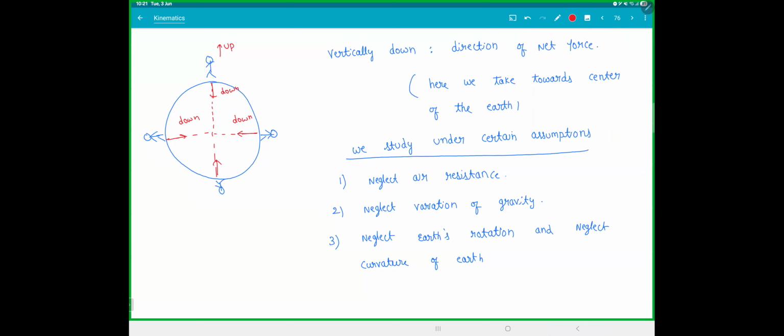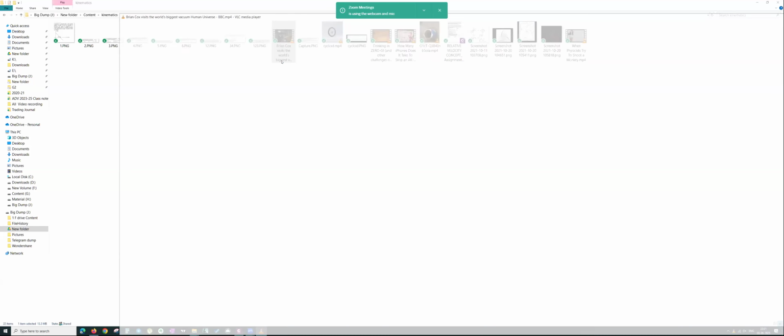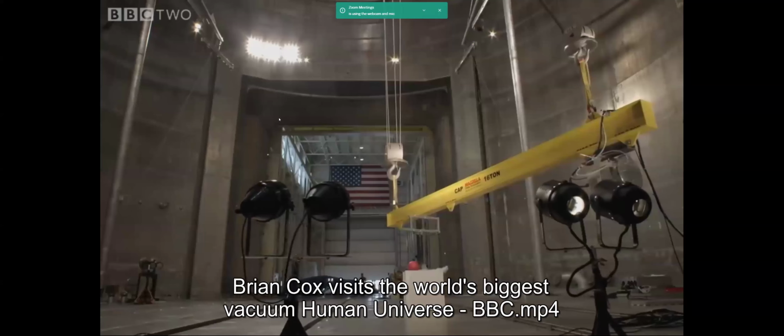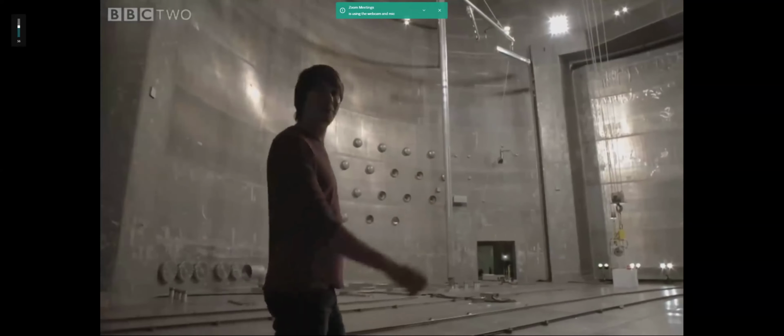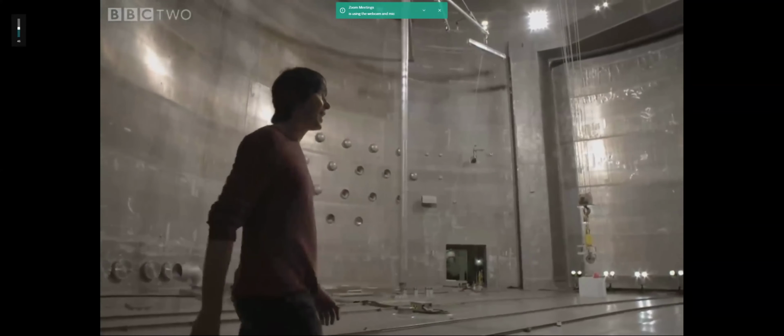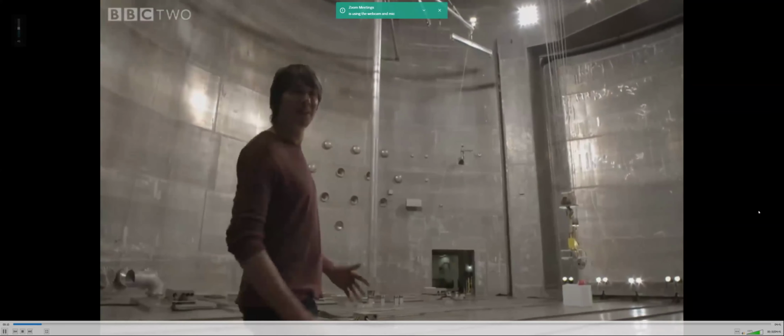So let me show you something. This is NASA's Space Power Facility near Cleveland, Ohio, and it is the world's biggest vacuum chamber.